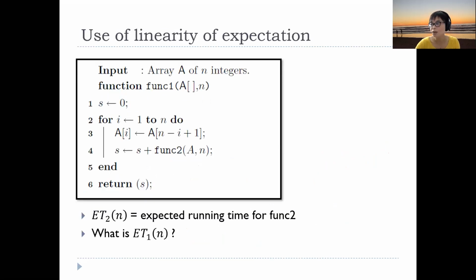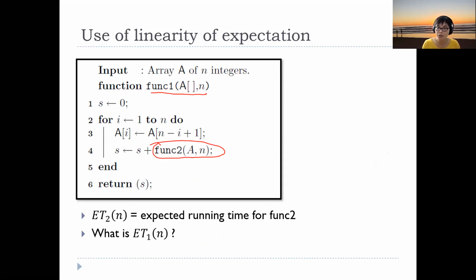More precisely, let's look at a simple artificial example just to make the point. Here is some pseudocode. It's artificial because I just want to show how linearity of expectation can be used. Let's say you have an algorithm, and inside it you call another procedure, function 2, something else that you need to do.